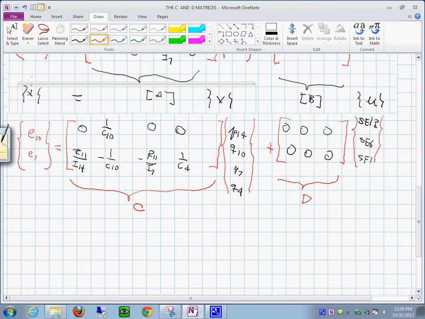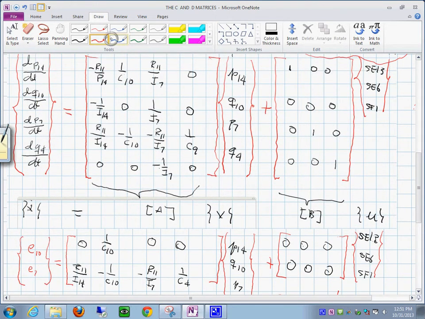So we saw the format up here. This format that you see here, and then you have x dot equals Ax plus Bu.